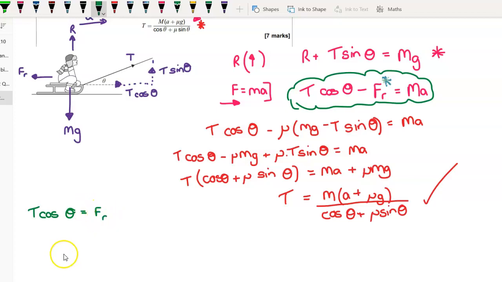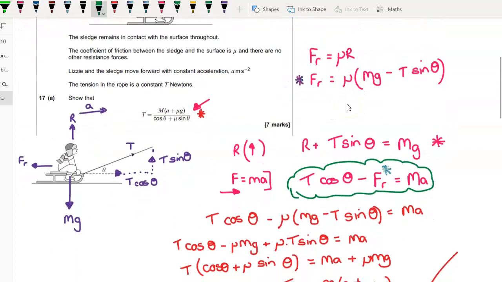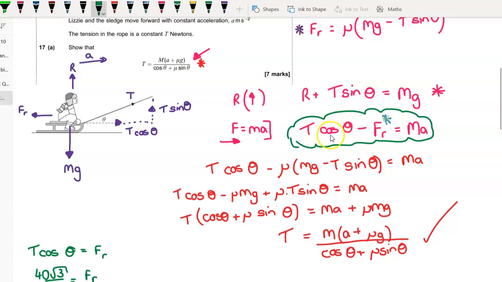Does that matter? Okay, we're told t is 40, so that would go to equals friction. So 20 root 3 equals friction. Why is that a problem? Is that a problem?